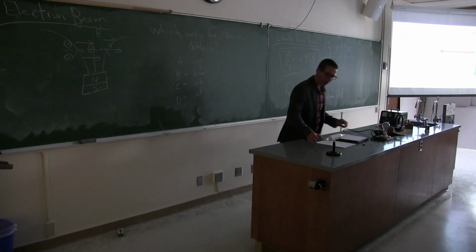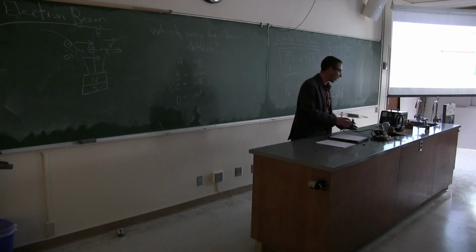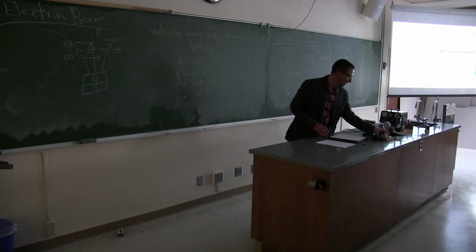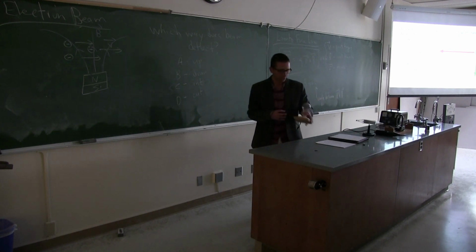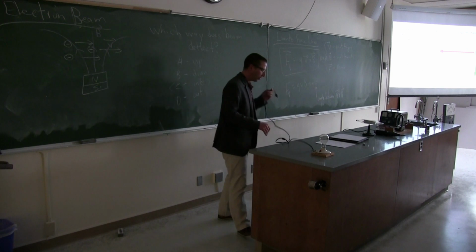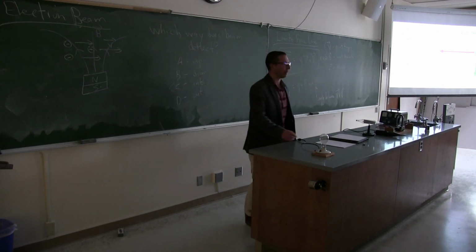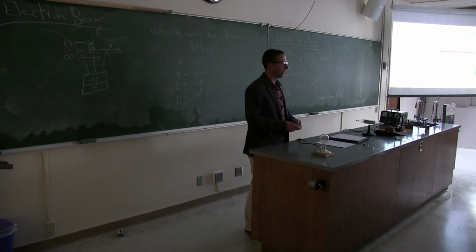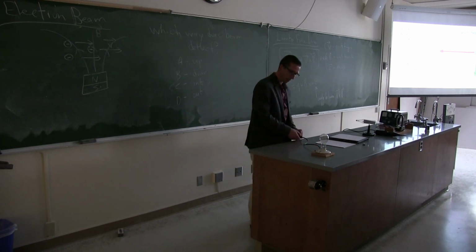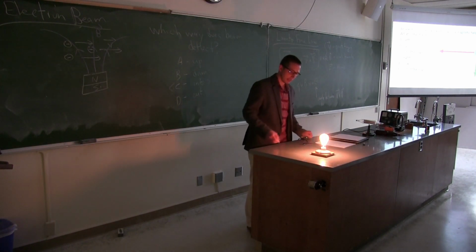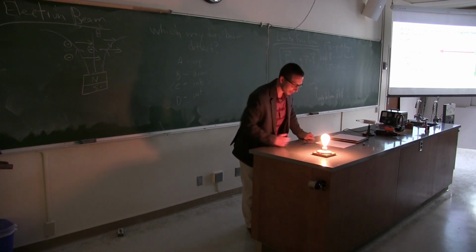Now, we've been talking mostly in this class so far about DC or direct current. But as you may know, the electricity that comes from outlets is AC, it's alternating. Okay, so here's a filament.